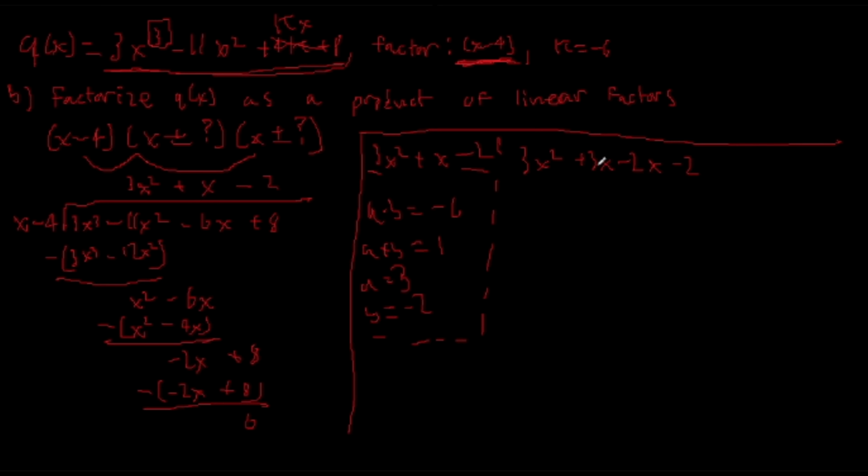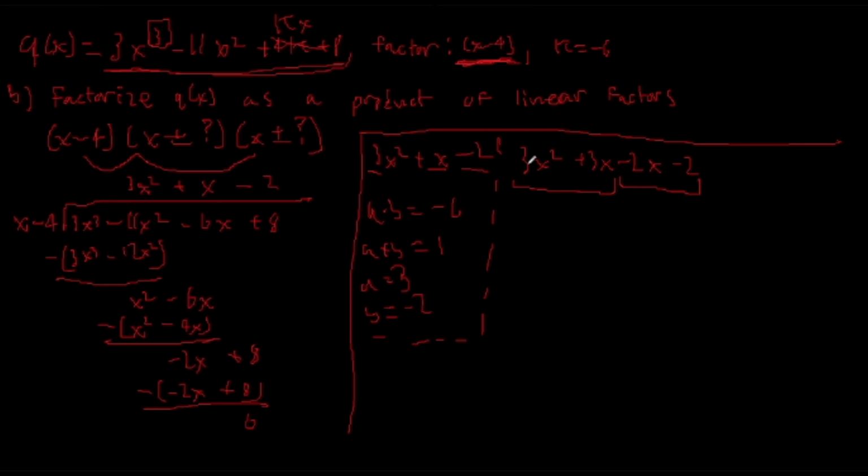And you can see that if you add the 3x to negative 2x, it comes out to be x, just like we have over here before. But we separated it, so now we can factorize this portion and this portion individually.